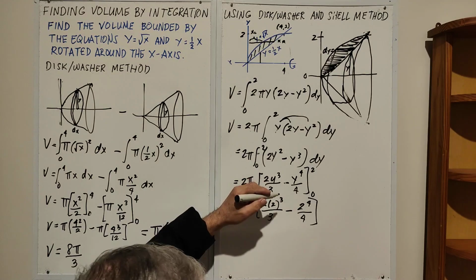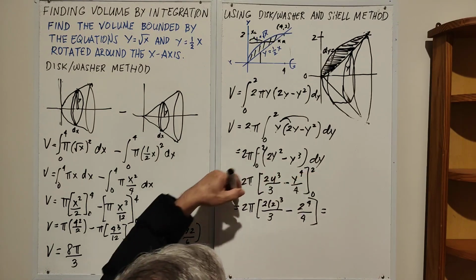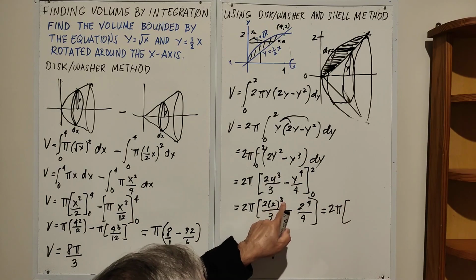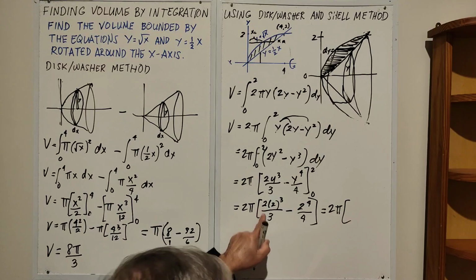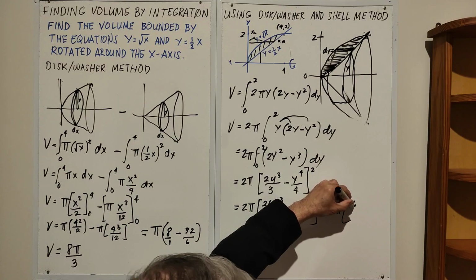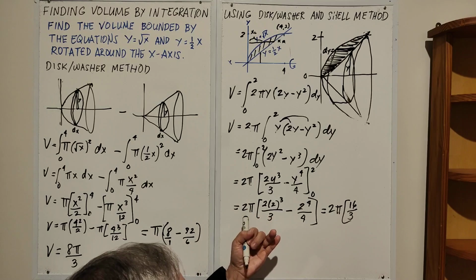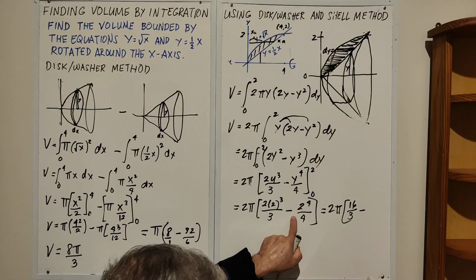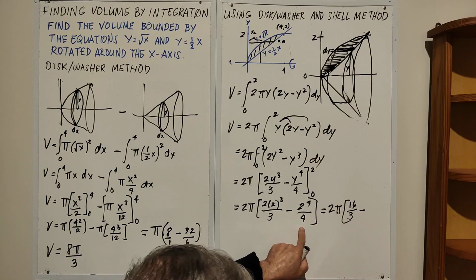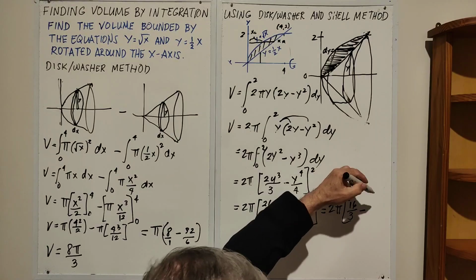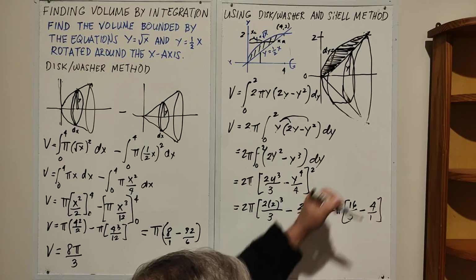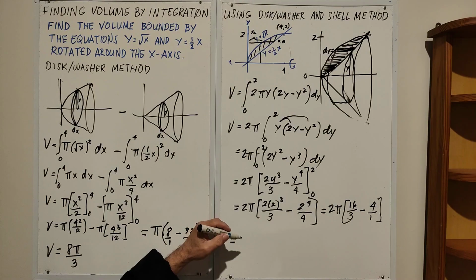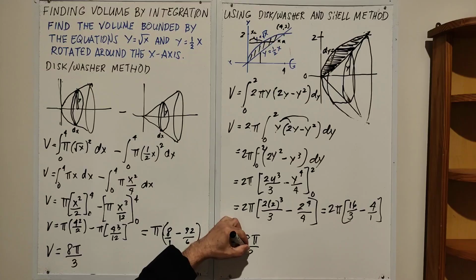So 2 times 2 times 2 times 2 is 16 over 3, minus 2 to the fourth is 16, 16 over 4 or 4 over 1. As a shortcut, this becomes 8 pi over 3.